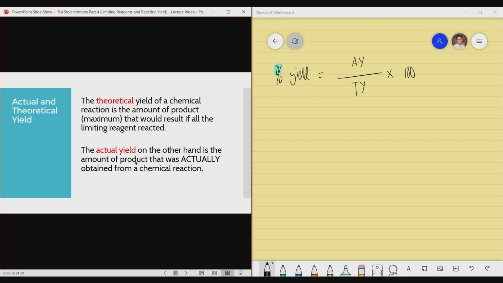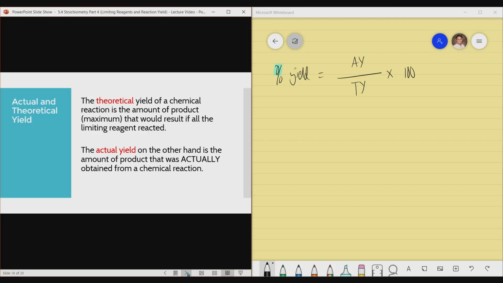Si actual yield naman ay ito yung actual na product kapag ginawa mo talaga mismo yung experiment or reaction. So, in layman's terms, that's the difference between your theoretical and actual yield. Theoretical, in theory, shows you the maximum amount of product that could be produced, and the actual yield gives you the amount of product that was actually obtained.